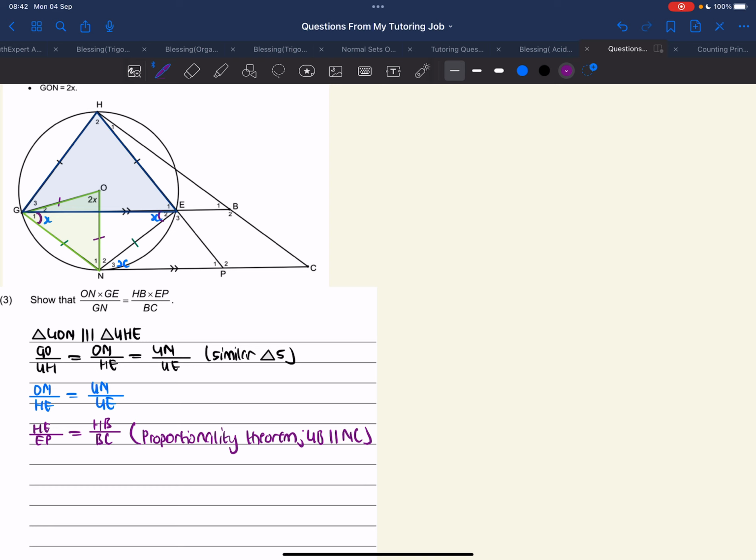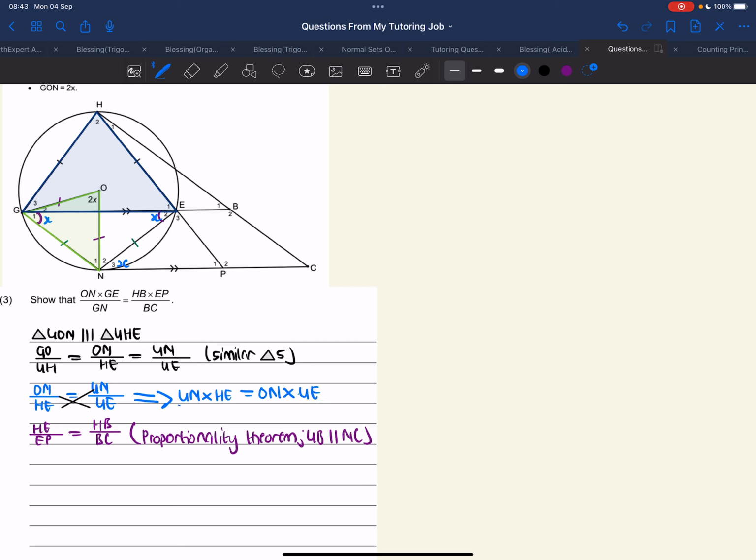To get HE alone in the first ratio, I'm going to cross multiply: GN multiplied by HE is equal to ON multiplied by GE.